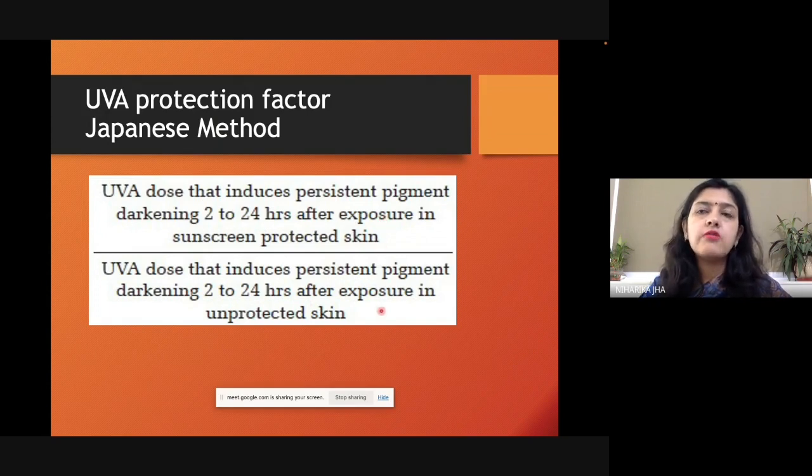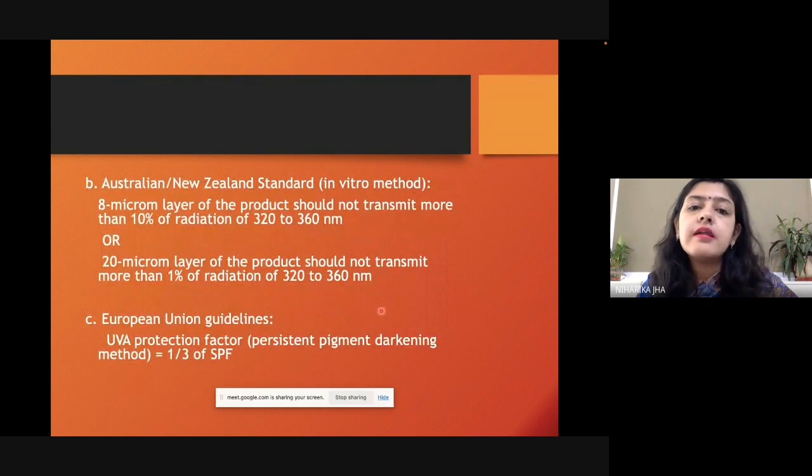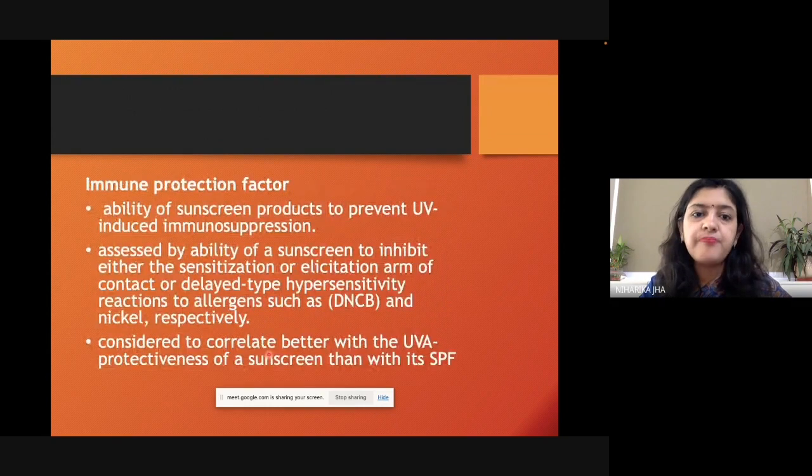There are other standards also available to measure the protection against UVA radiation, which include the Australian and New Zealand standard. And then there is the European Union guideline. So what is the European Union guideline? UVA protection factor which is about 1/3 of the SPF.